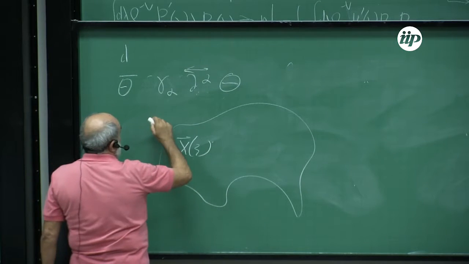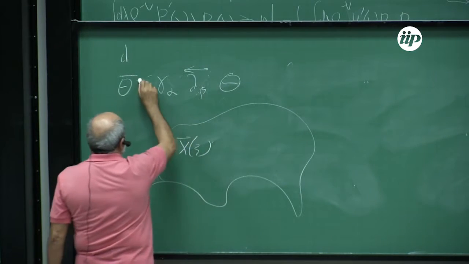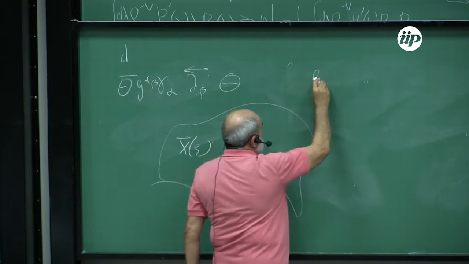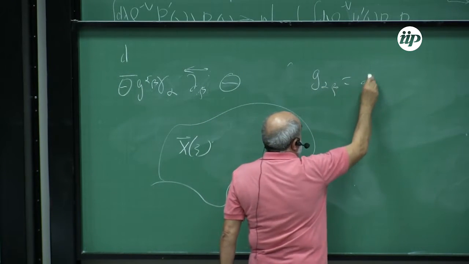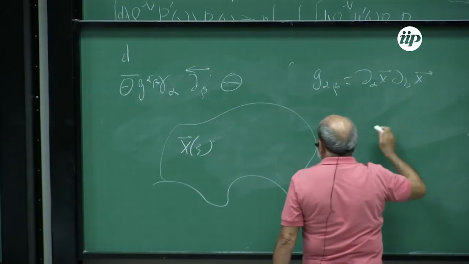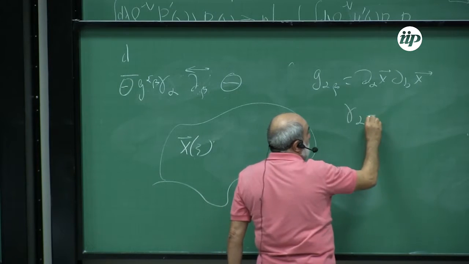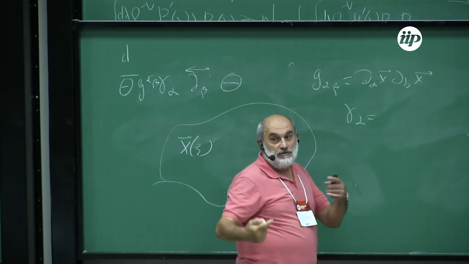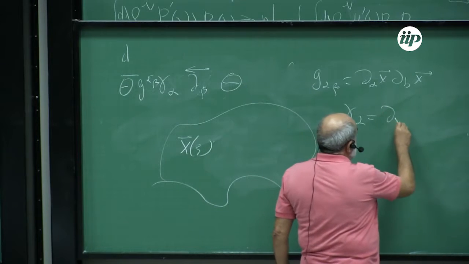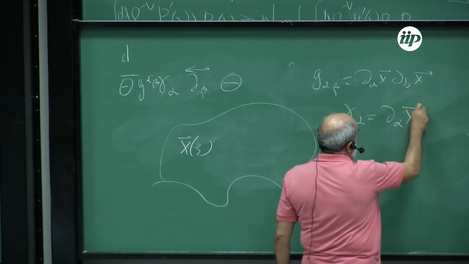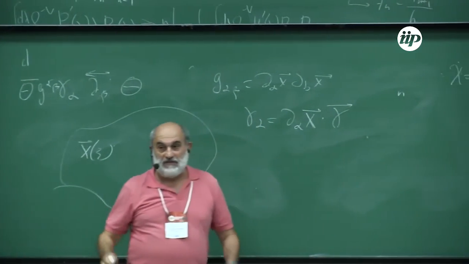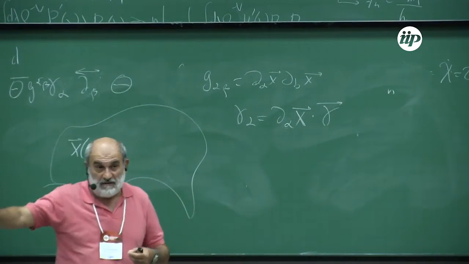beta, G alpha beta, where G alpha beta is the induced metric. And gamma alpha is an induced gamma matrix, induced from the d-dimensional set of gamma matrices, which means those are the gamma matrices in the d-dimensional flat space.